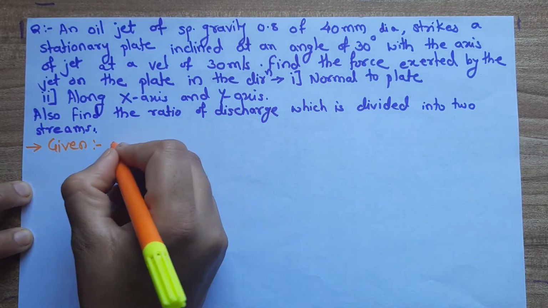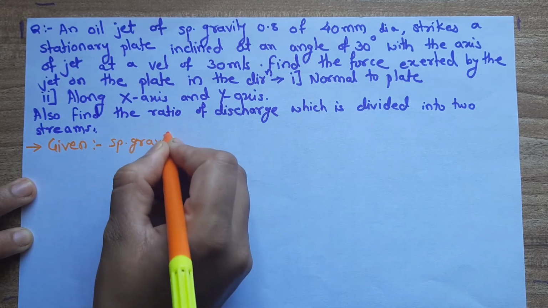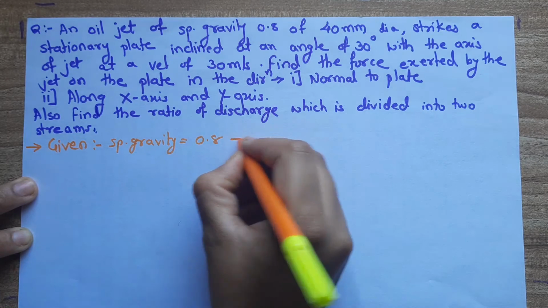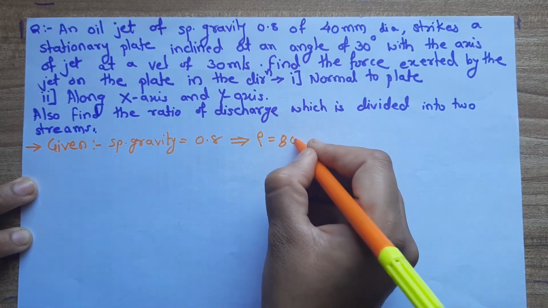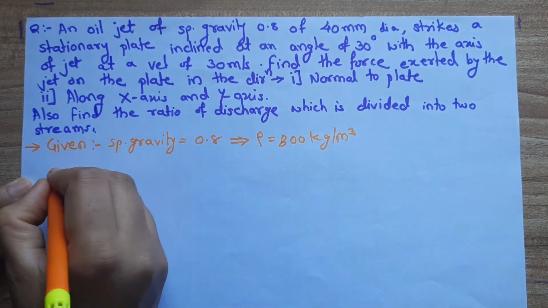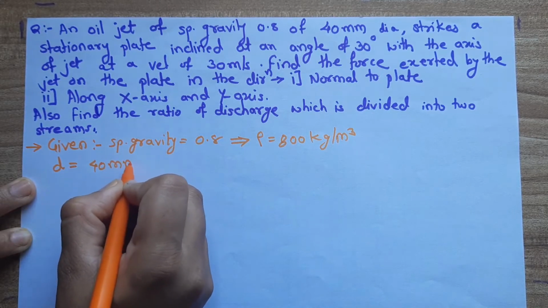Okay, so let's write down the given data first. Here given is the specific gravity, which is 0.8. From here we can find that the density is 800 kg per meter cube. Again the diameter is given as 40 mm.